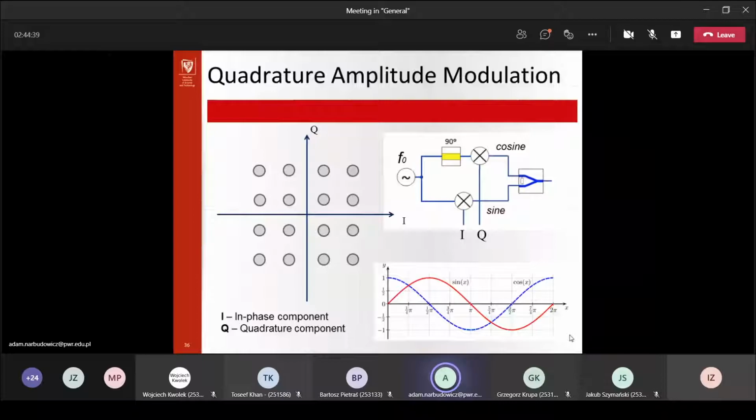The problem is that, and then again, FM is better or more robust to noise as compared to amplitude modulation. The problem is that I don't think you can have it efficient. In order to use phase, you really need to use some discrete values.